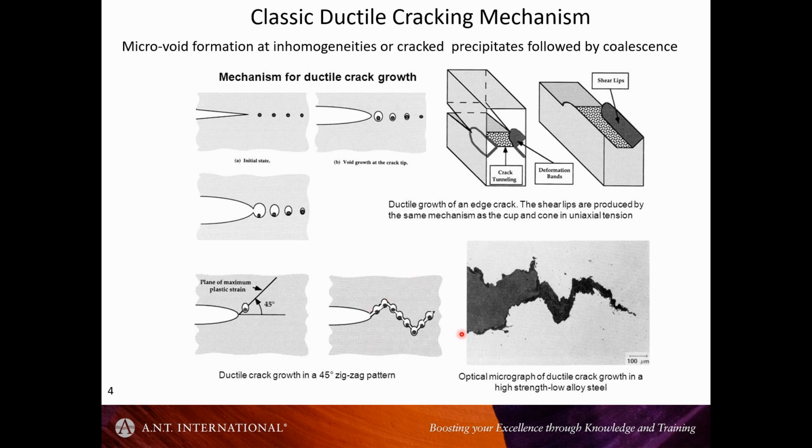So if you had a uniform array of precipitates, you might expect more of this kind of jagged cracking. I guess the crack progresses because this is the highest resolved shear stress in this direction, 45 degrees.